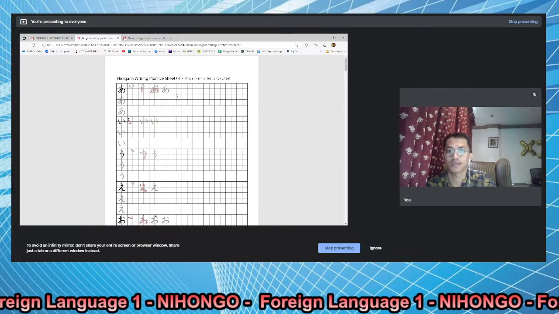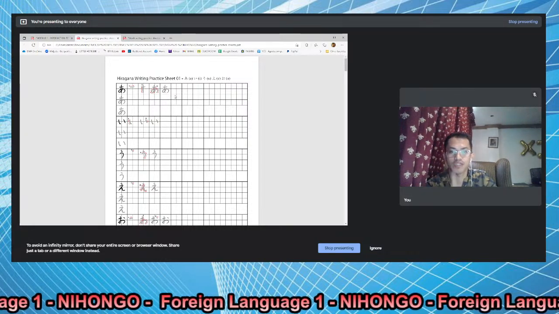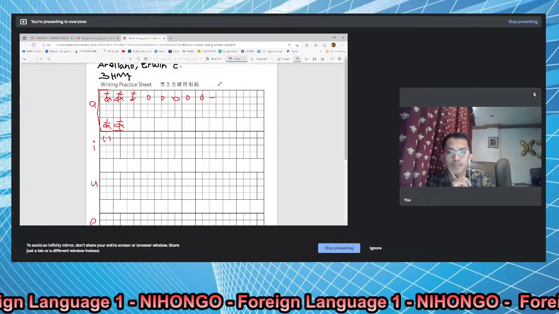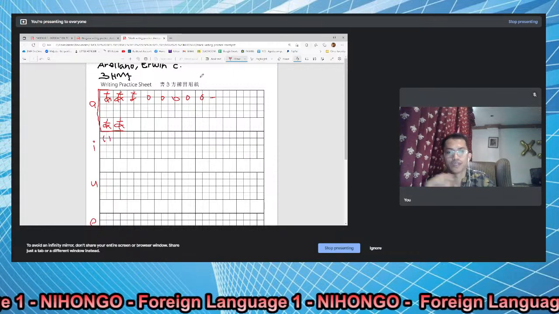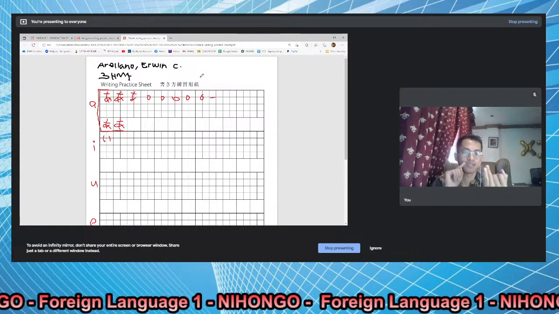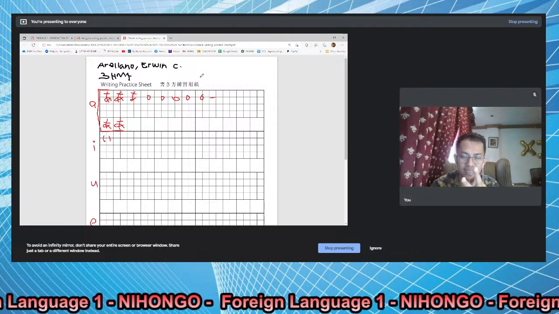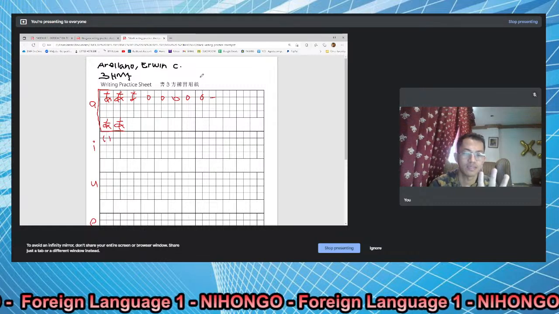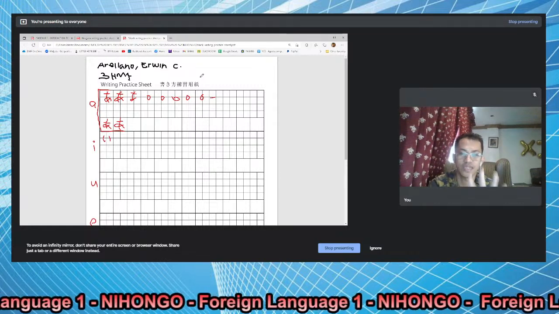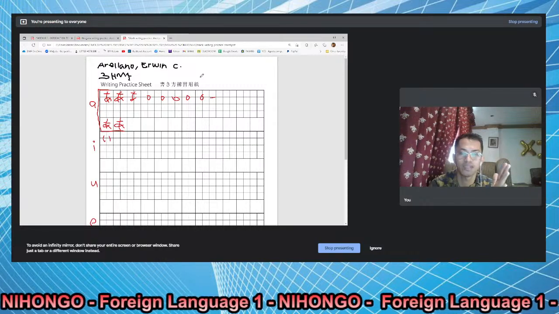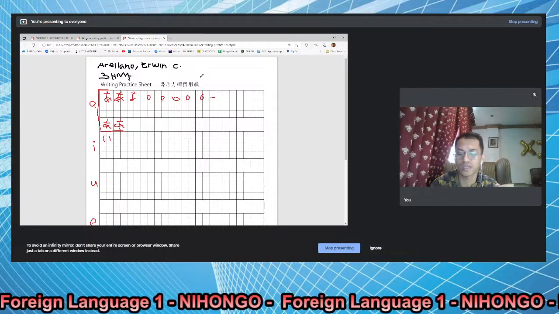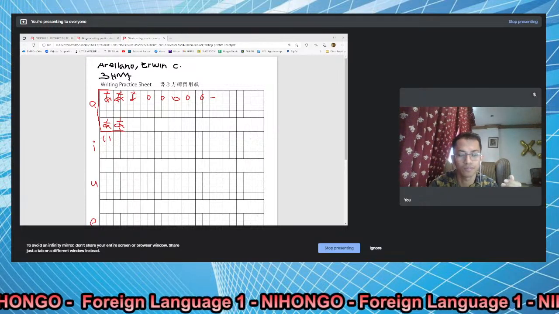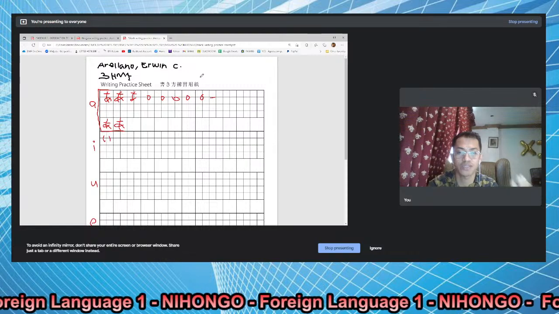So, first print, ito. And then, 3 pa nito. So, total of 4. So, we have vowel series, sa series, za series, ka series, at saka ga. So, 5 series times 4 is 20 pages. So, 20 pages po ang marireceive ko na isasubmit nyo sa akin.